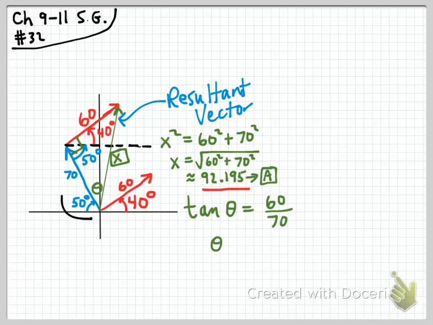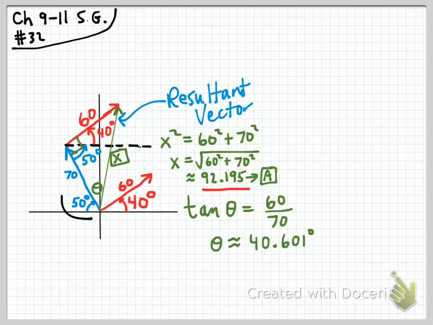And therefore theta is equal to the inverse tangent of 60 over 70, and I'll pause it here and get that back to you. So we get that theta is equal to 40.601 degrees. Now what are we going to do with that information?